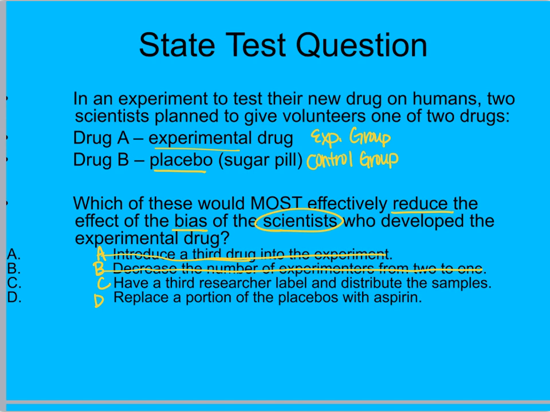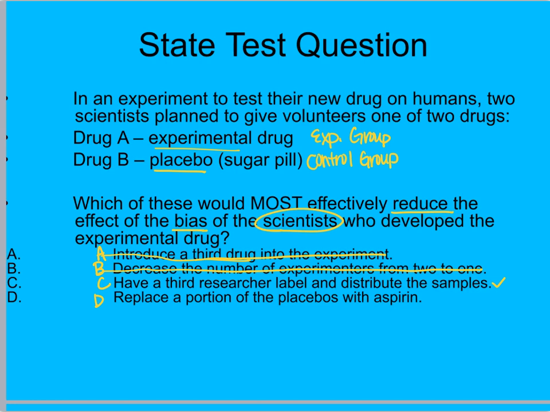Have a 3rd researcher label and distribute or hand out the samples. That's definitely going to reduce bias because that 3rd researcher labeling them and giving them out, they're not going to have stake in the results. Okay, they won't be the one to take symptoms. So they're the only one that knows who's getting what.